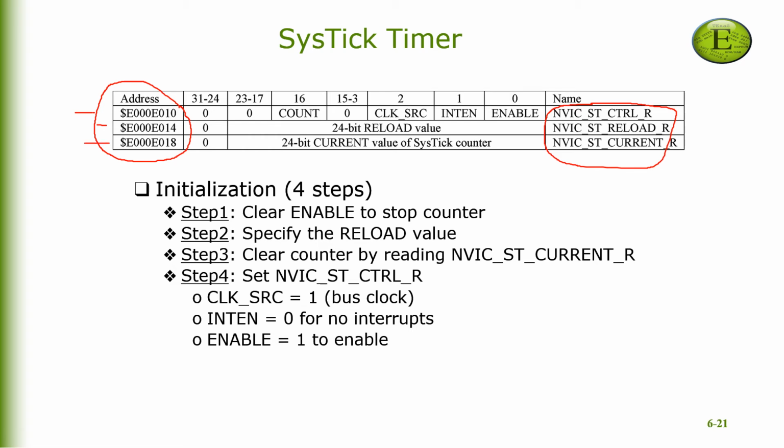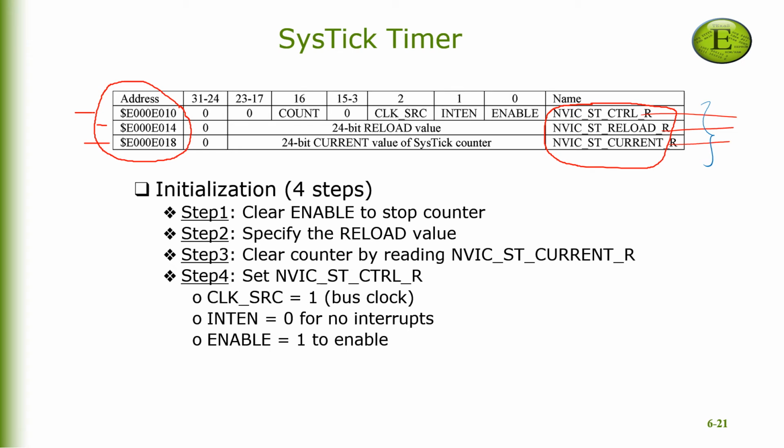Three registers need configuration: the NVIC control register, the NVIC reload register, and the NVIC current register. There are 4 initialization steps. So in order to use the timer, it needs to be initialized. And by initialization, we mean we are going to update the values of these registers.